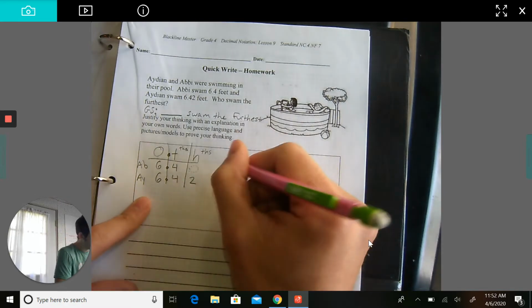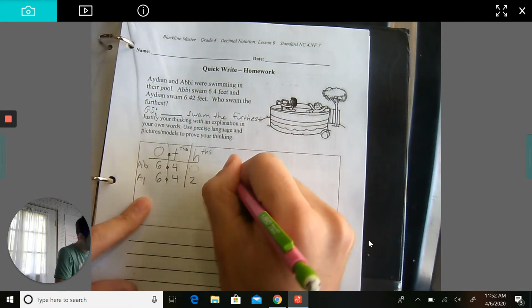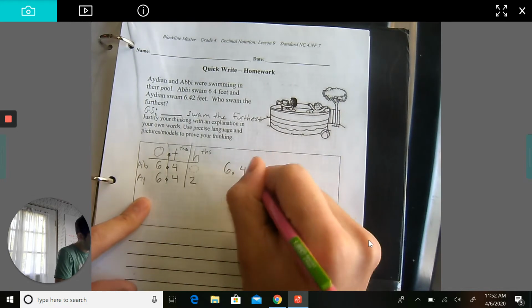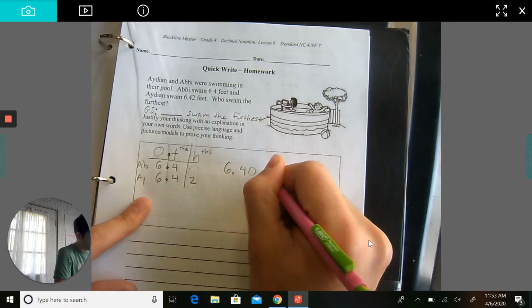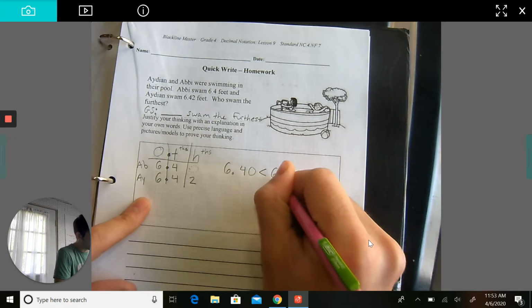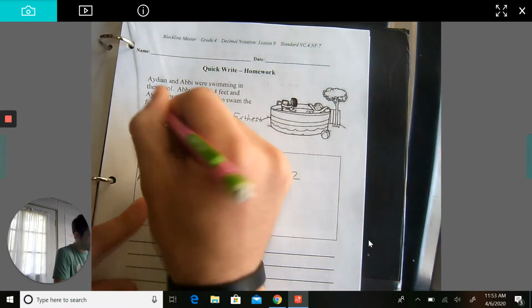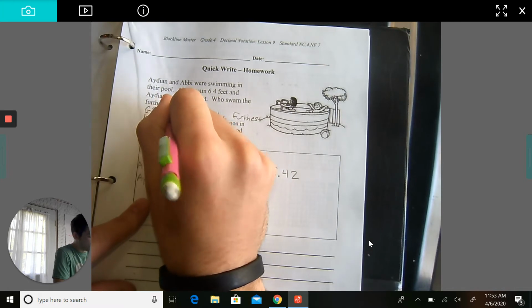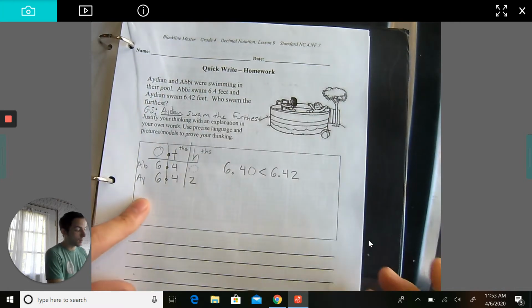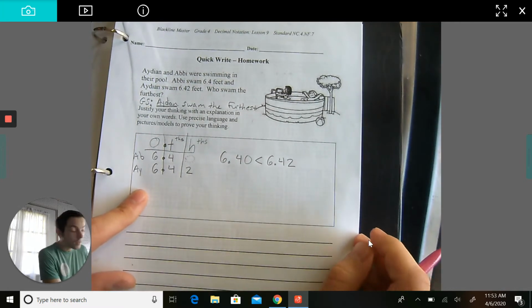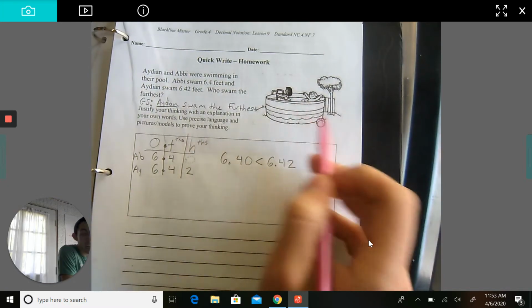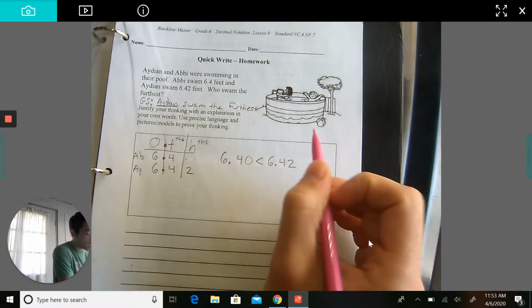So here, we can make a case that 6.40 is less than 6.42. So we could say Aiden swam the furthest.